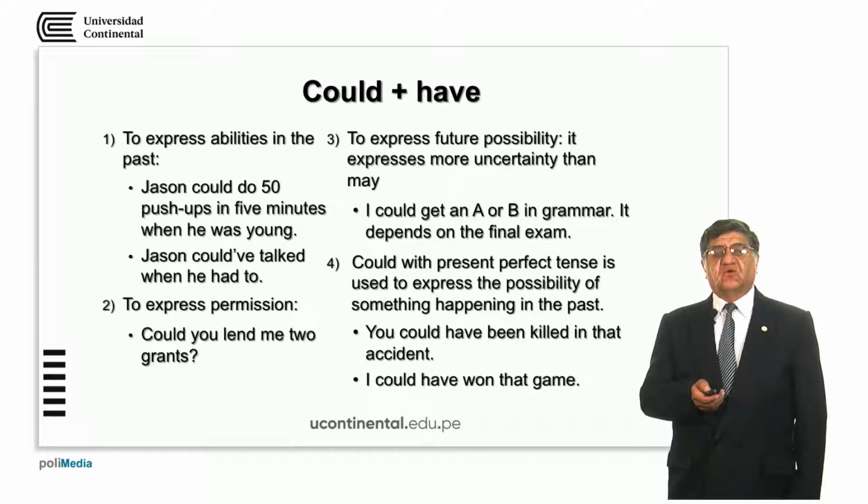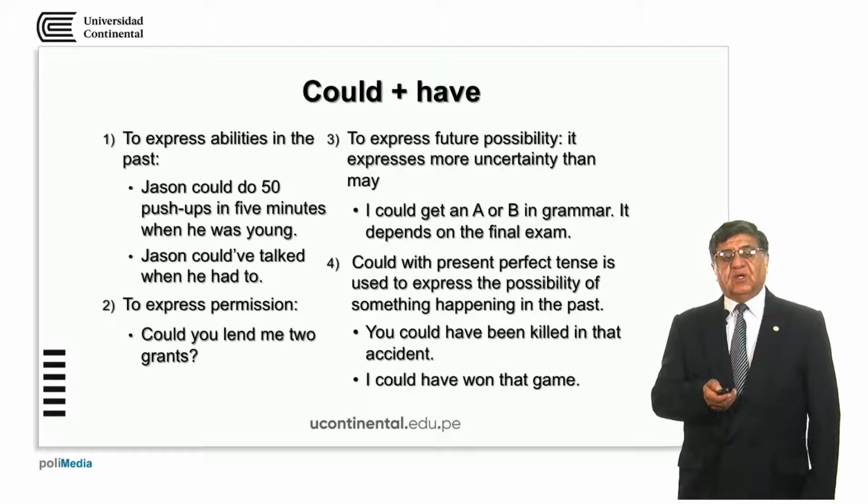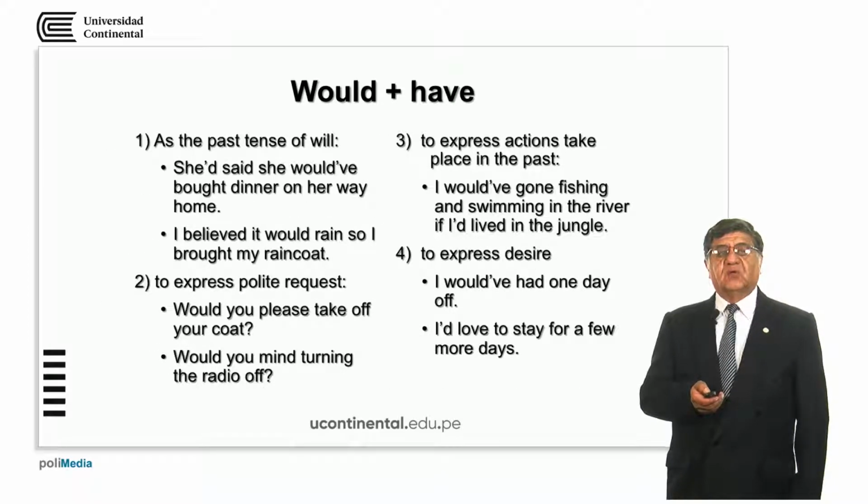Remember, we can contract the modal and have: could have, would have, should have, whatever else, we can do it. Wouldn't have, the contraction is would've, would've, okay.